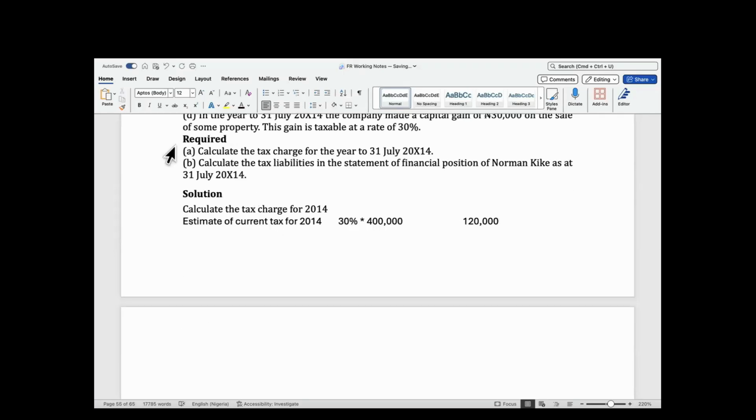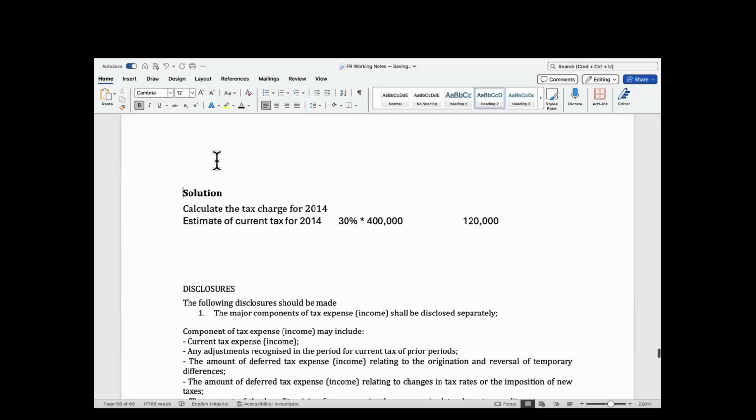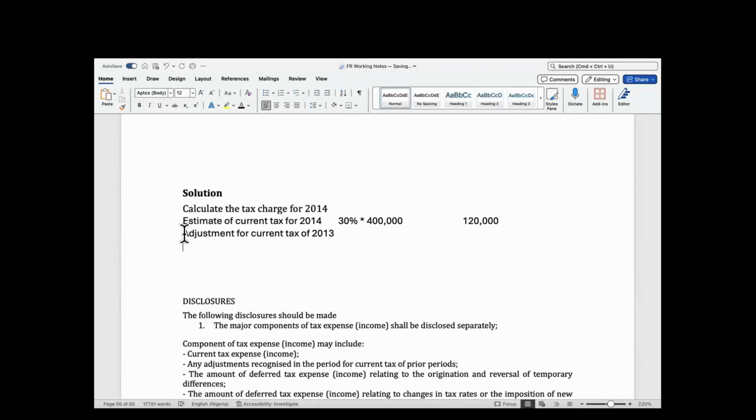Then let me bring in my adjustment for current tax of 2013.